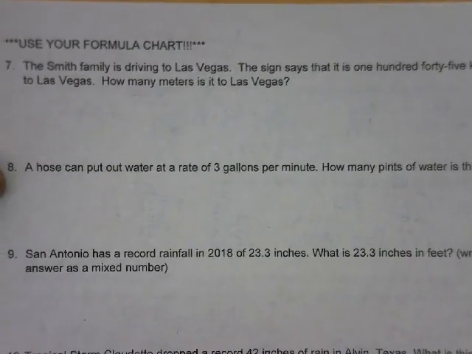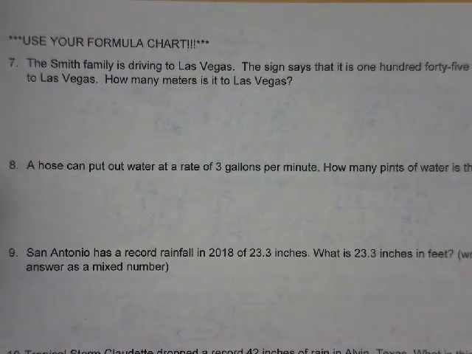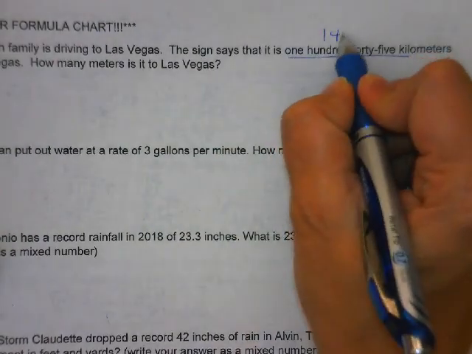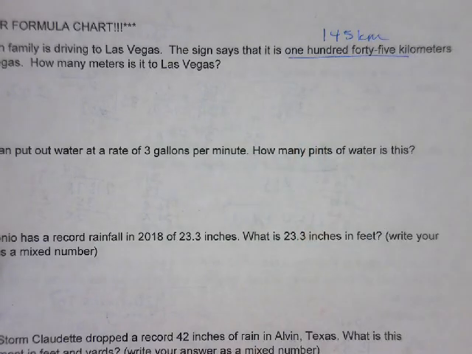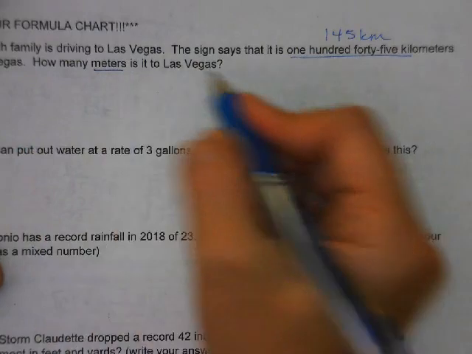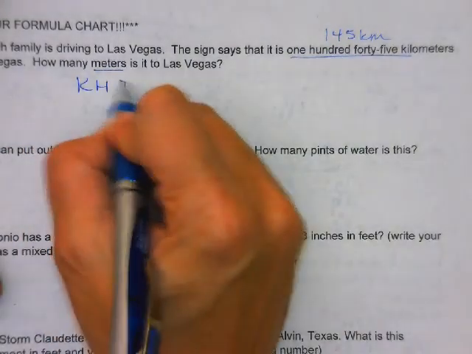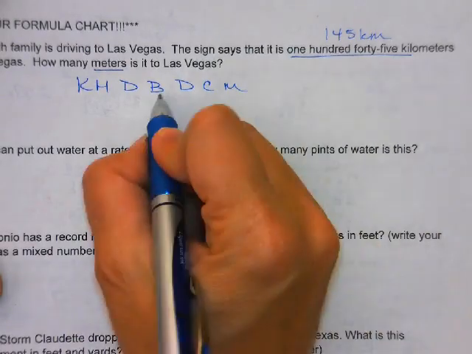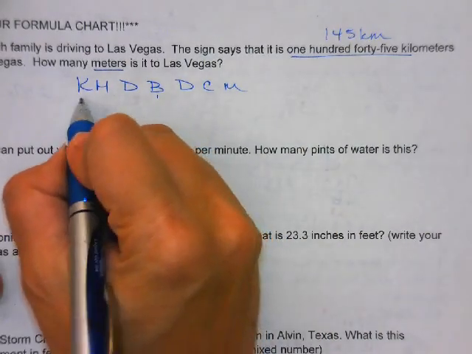Use your formula chart. The Smith family is driving to Las Vegas. The sign says it is 145 kilometers. I'm going to write that in numbers. To Las Vegas, how many meters? All right, so remember, King Henry died by drinking chocolate milk. So meters, this is where we want to be. We are currently at kilometers.